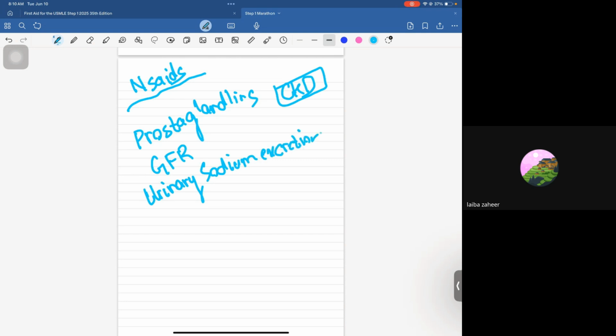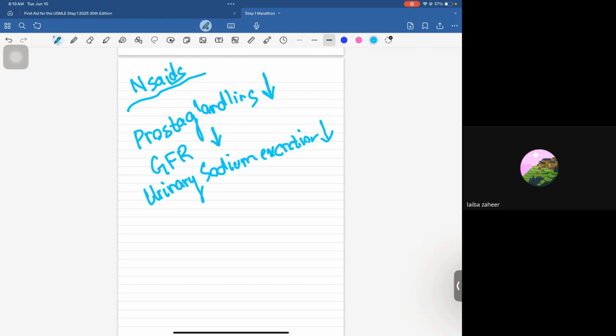I've already told you that whenever you give patients NSAIDs, the level of prostaglandins is going to decrease, right? And when the prostaglandins decrease, the GFR is going to decrease as well, and when you decrease the GFR, the sodium excretion is going to decrease as well. So keep this in mind.